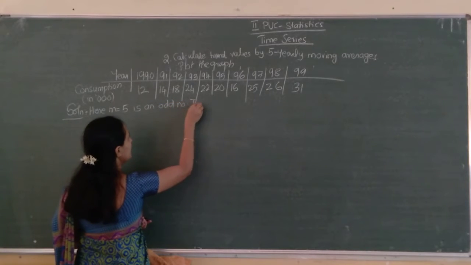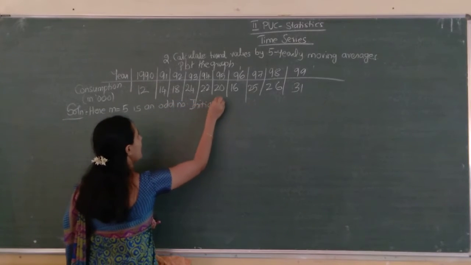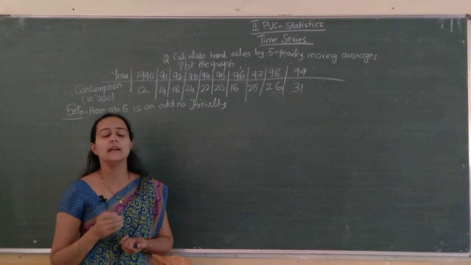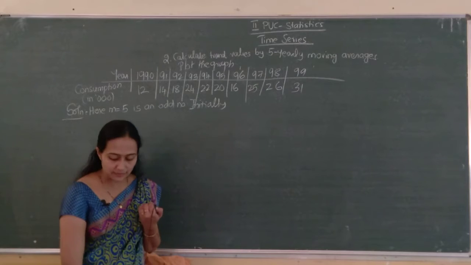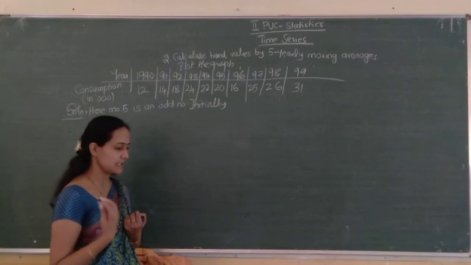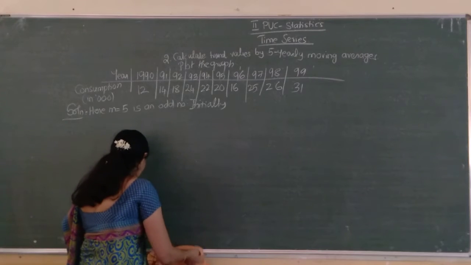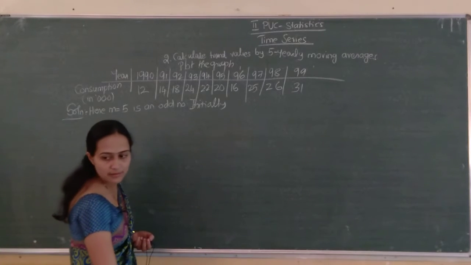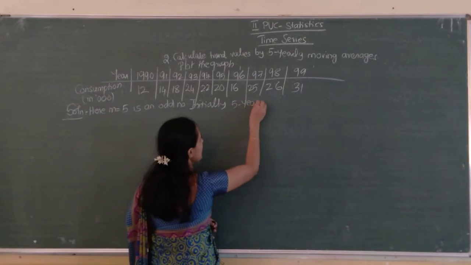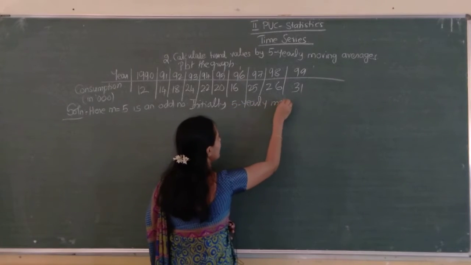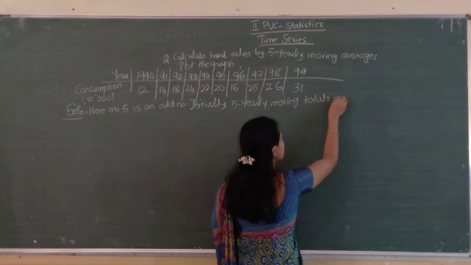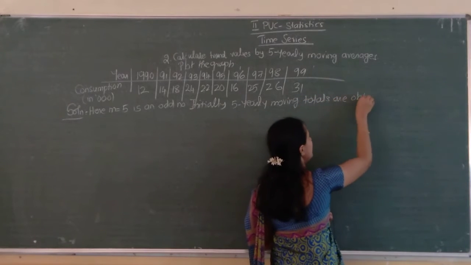Why I have to write odd number: for even number a separate procedure is there, that we will see in the coming classes. So when it is an odd number, the procedure is easy. So we have to write: initially 5 yearly moving totals are obtained.